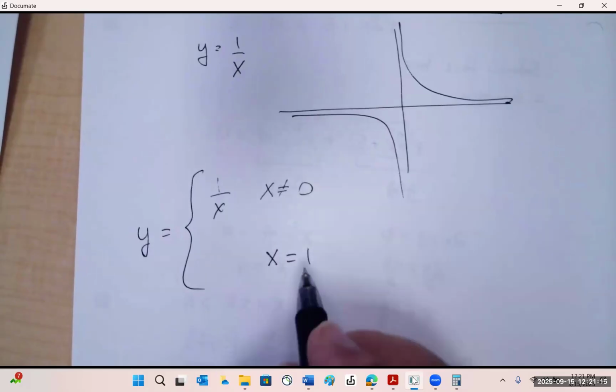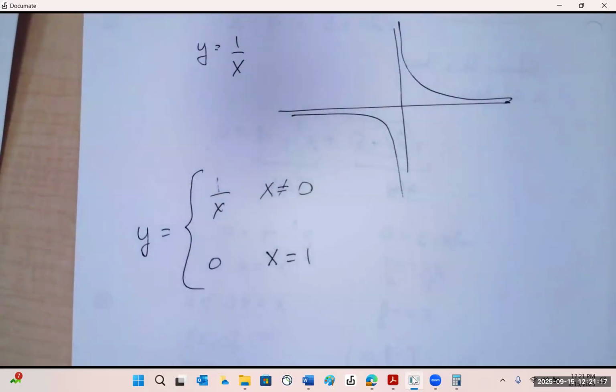What if we say now that when x is 0, the answer is 0? Does that make it continuous? Yes, because now every point is taken care of. That's what this is all about.